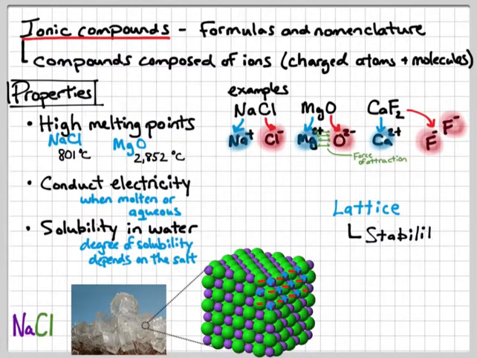The lattice is extremely strong because of the sum of all the attractive forces between the positive and negative charges in the lattice. So in other words, if we look at any one positive ion, we see that it's actually surrounded by several negatively charged chloride ions.